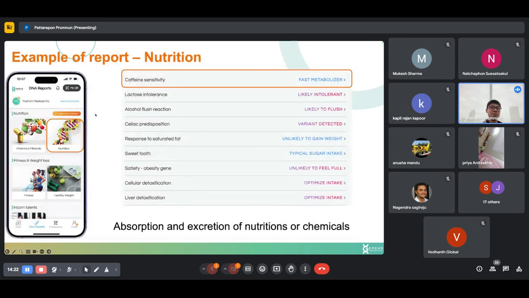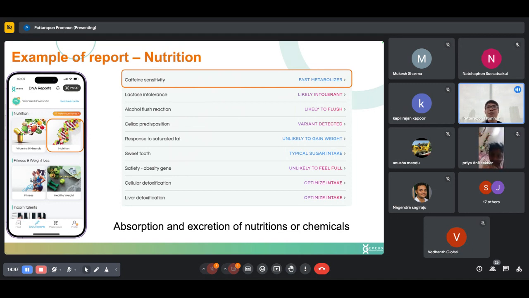Secondly, this is the example report of nutrition. This is about the absorption or excretion of other nutrients, other chemicals, such as caffeine. This is my report. I am a fast metabolizer. It means that my body can rapidly get rid of the caffeine after intake.